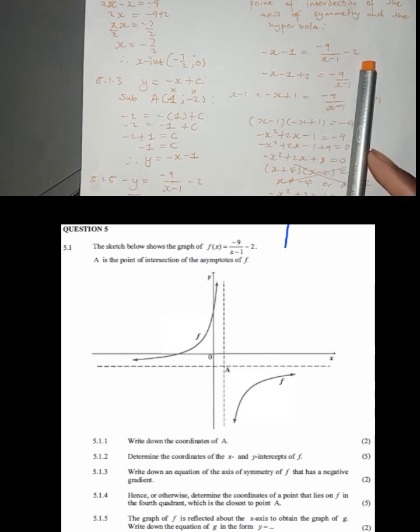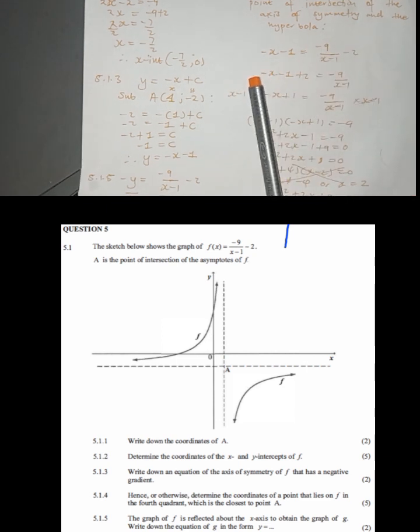So in order to find the coordinates of that point that is closest to point A, we have to equate the axis of symmetry, -x minus 1, to the equation of the hyperbola, which is -9 over x minus 1, minus 2.